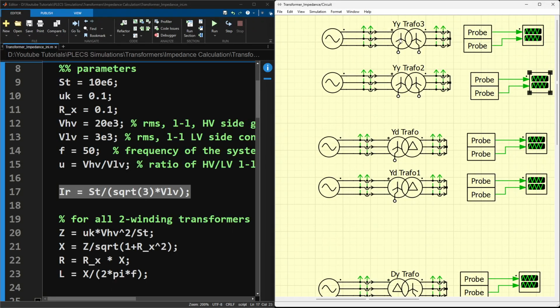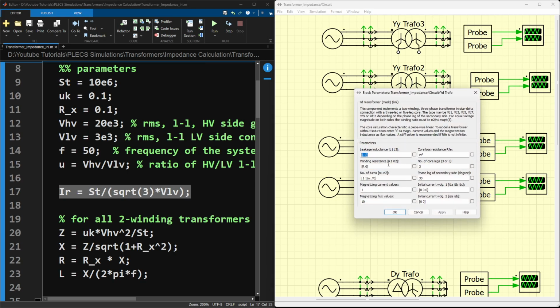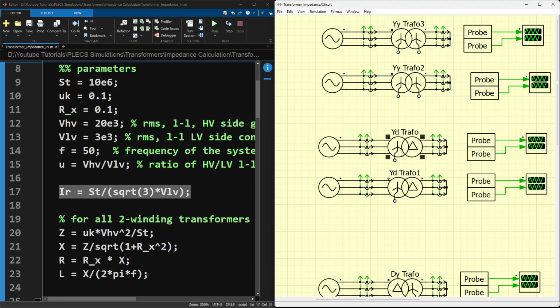Now we had the star-star connections in both of the cases. Things get a little interesting if we have another vector grouping on the primary and secondary side, like this case here. You see we have the star on the primary side and delta on the secondary side.